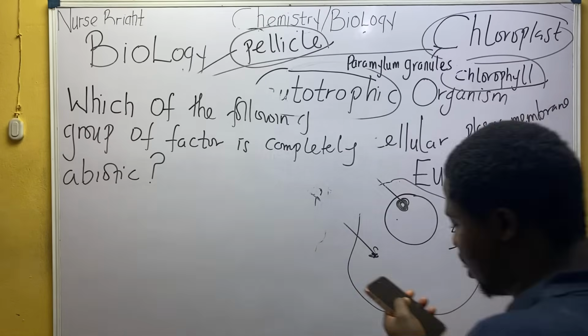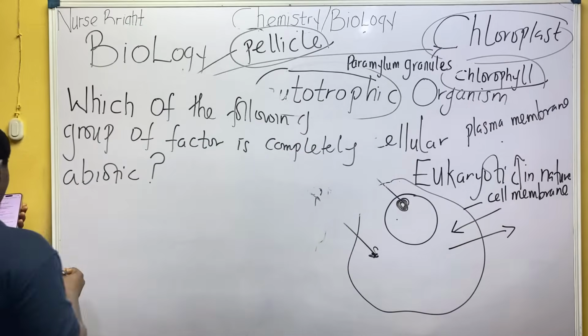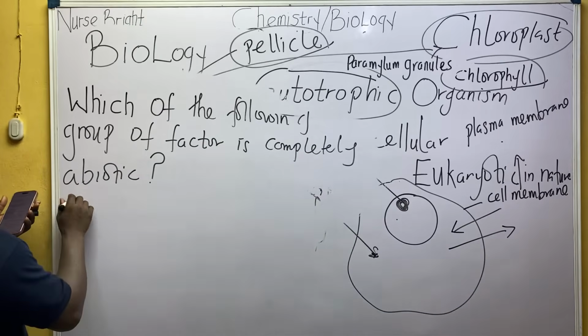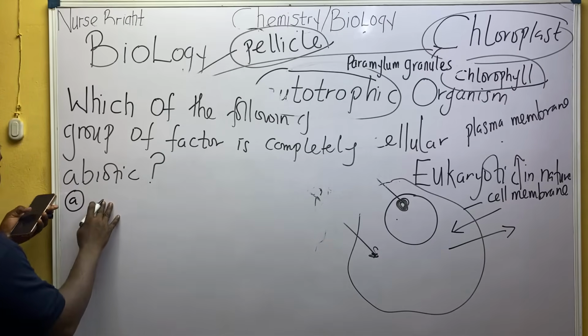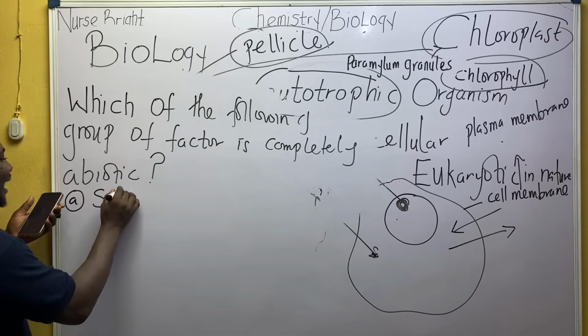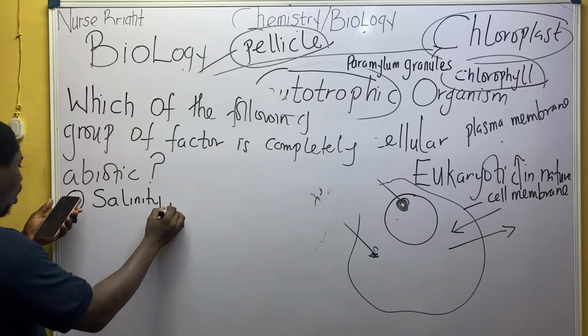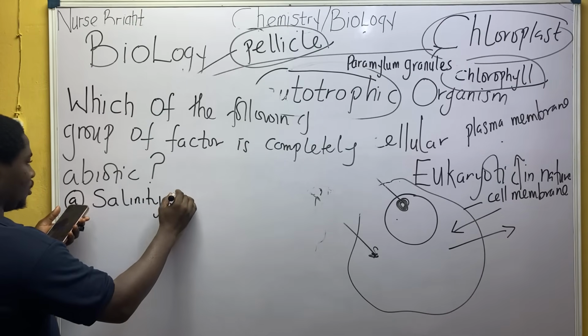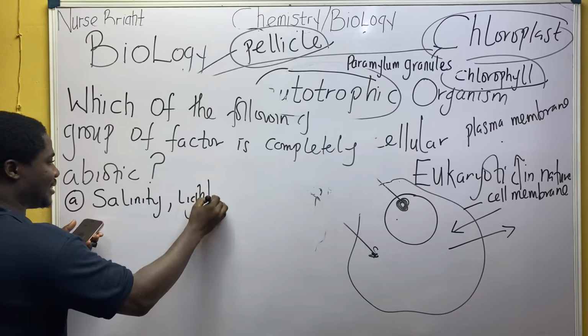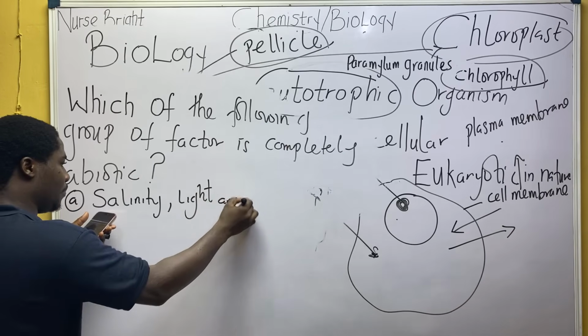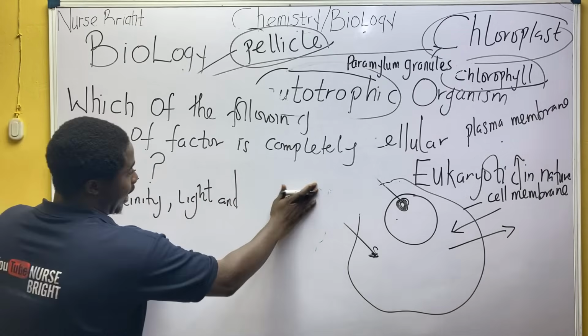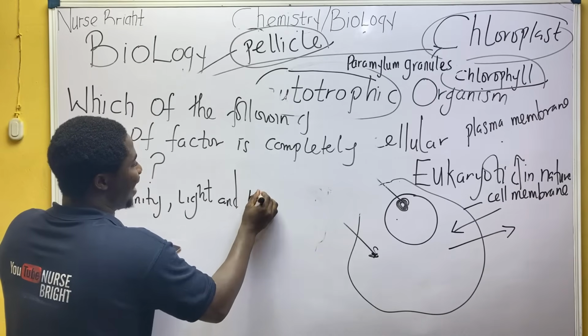So let me read out the options. Option A says salinity, light intensity, and bacteria.